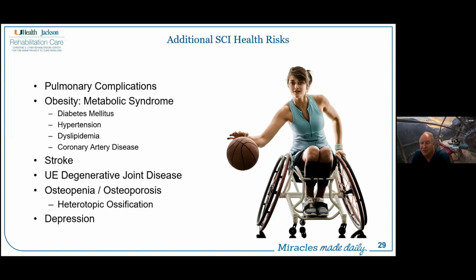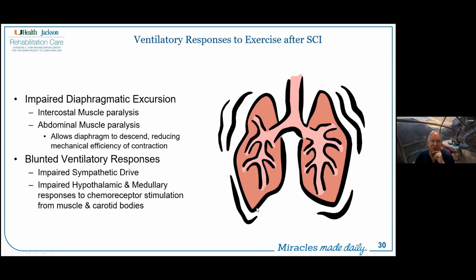Our folks are at high risk of stroke, particularly those with T6 and above spinal cord injury, because of autonomic dysreflexia. Our folks are also at high risk for degenerative changes in the upper extremities, osteopenia, osteoporosis, and depression. And so I want to briefly talk through these things as we're going along.